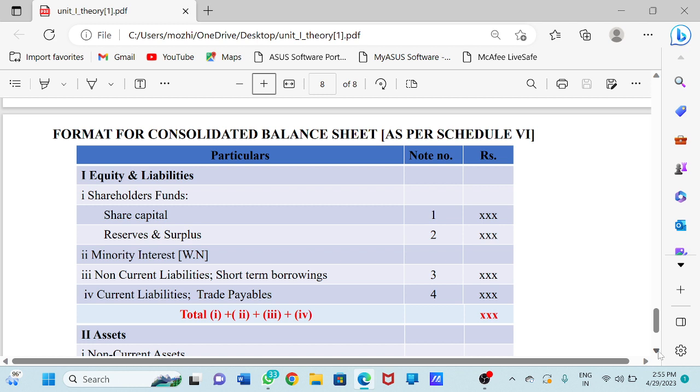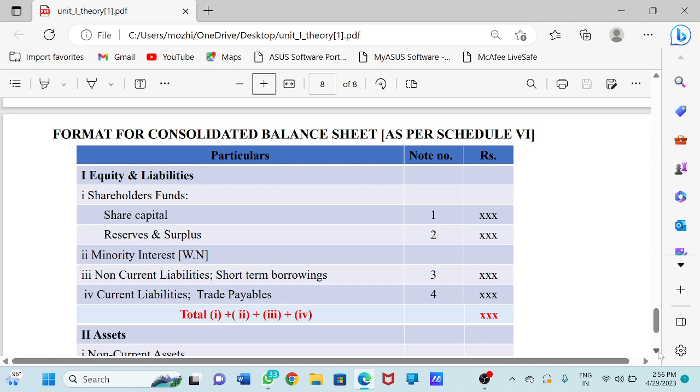After preparing the notes to accounts, now we are coming to the final part of these holding company accounts, preparing the consolidated balance sheet as per Schedule 6. This is the new schedule format. So under equities and liabilities, we will have the share capital, schedule 1, reserves and surplus, minority interest from the working notes, all the short-term borrowings from schedule 3, and all the trade payables from schedule 4.